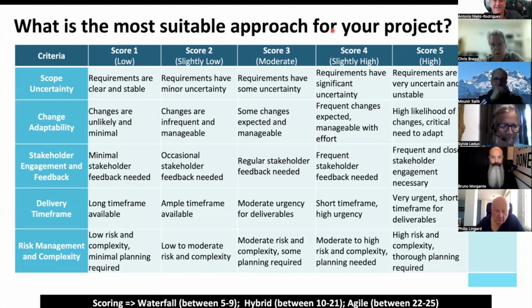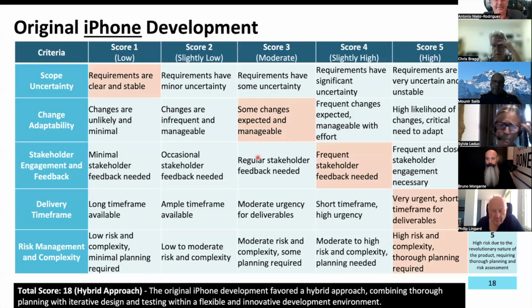I will put this right now in the chat because I wanted you to experiment a bit in your groups. So I took one example. This was the first iPhone, the Project Purple, 2007. I played a bit with this to see what type of approach they would have used in this case. I know this project, so requirements, they had been working on the definition of the requirements for 3 years.